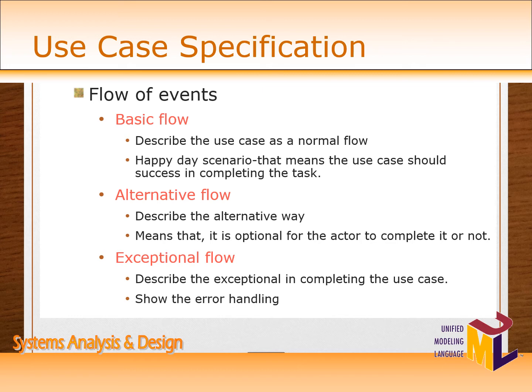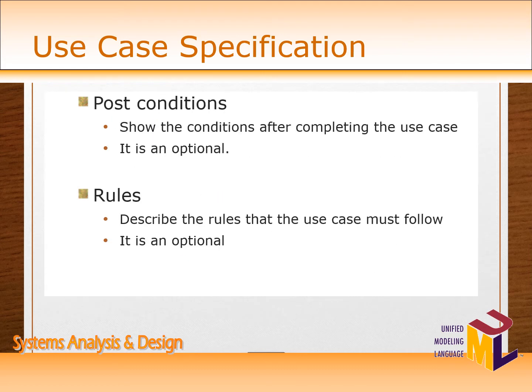It shows how the error is being handled. Maybe whenever a form is not completed or wrong data is typed in the text field, how will the system handle the error? And then you have a post condition.